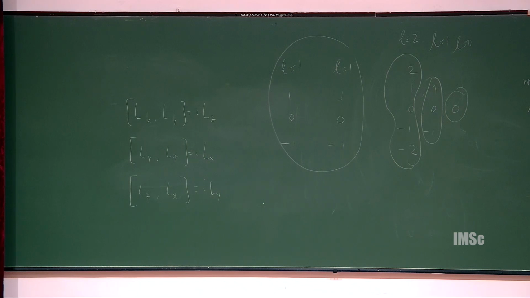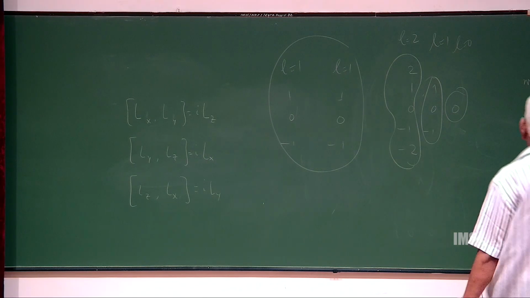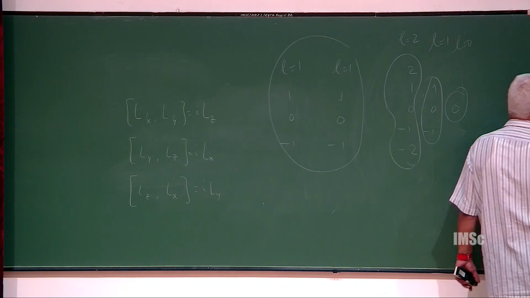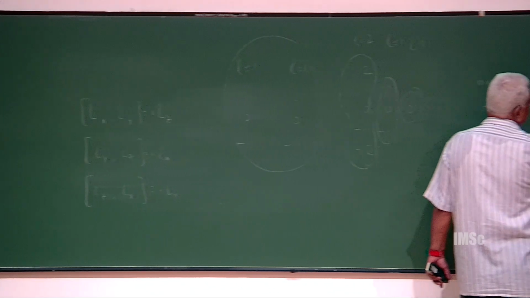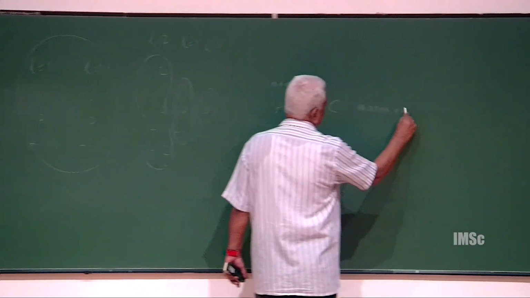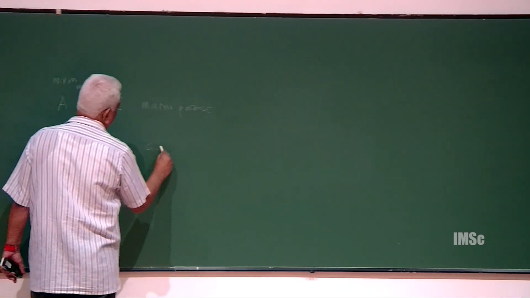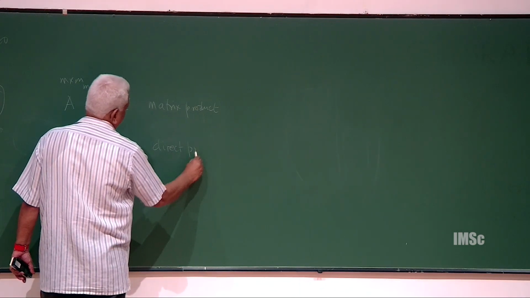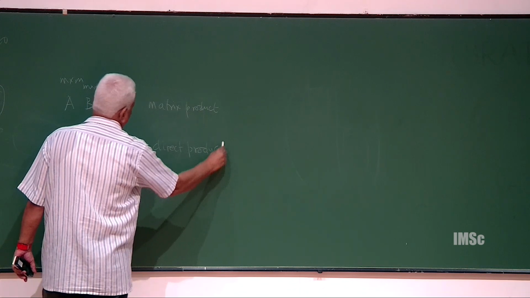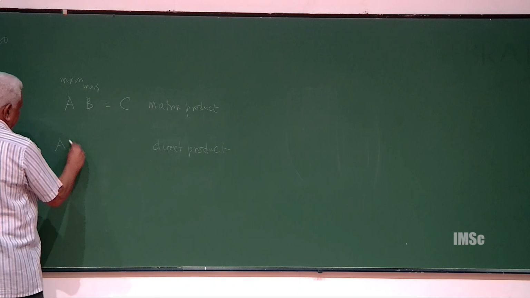Now, there is another product which you can take, okay? This is what is called the matrix product. Another product is called the direct product, and it is written as A cross B.